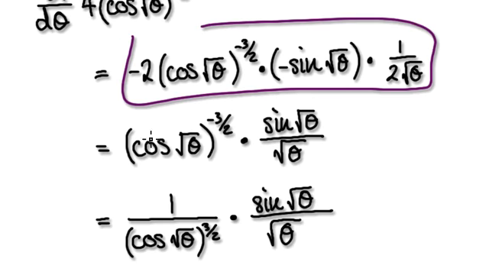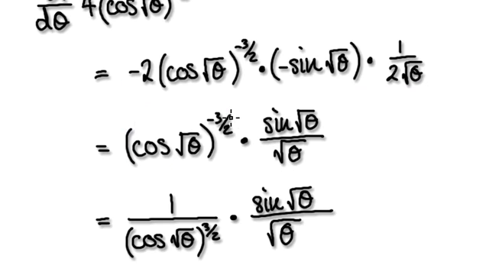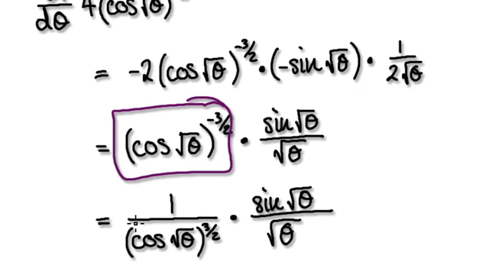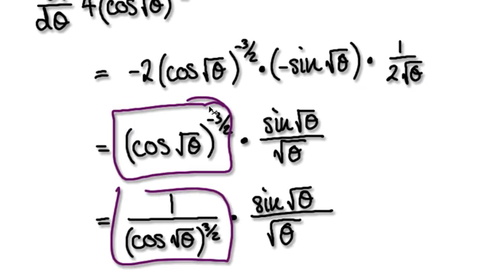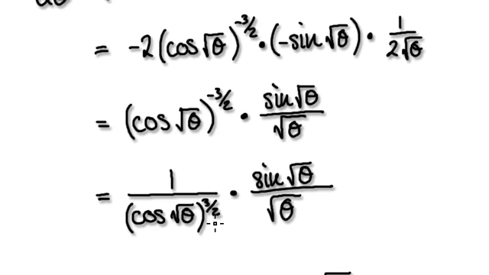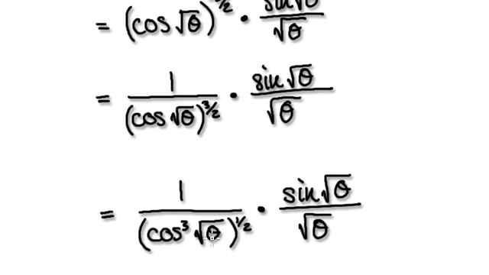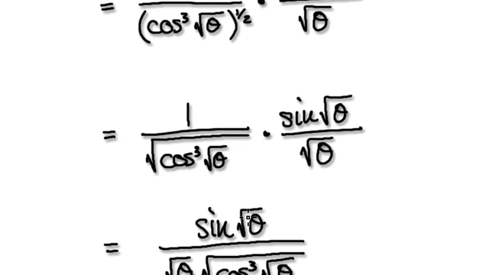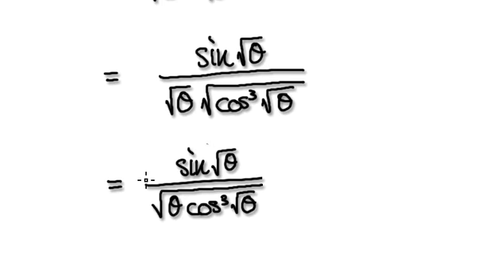It will give you this, but then looking at this, rewrite this as this, because you've got a minus here, so that will be 1 over a positive here. That will then give you this. So that will be to the power of 3 here. But then this will be a half, and then overall it will give you back the original, which is this.